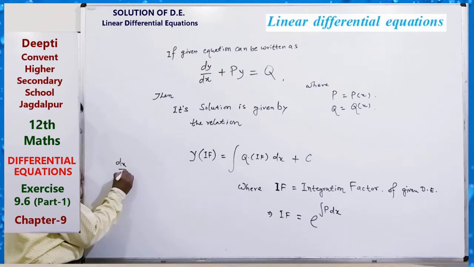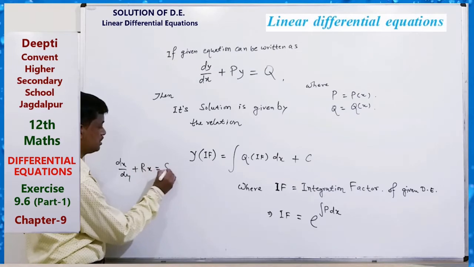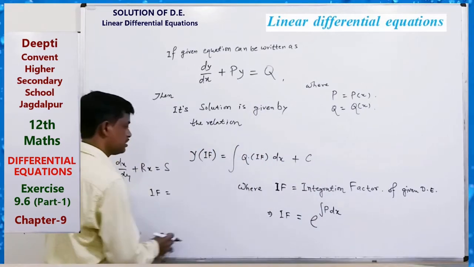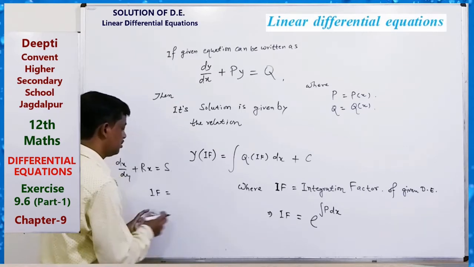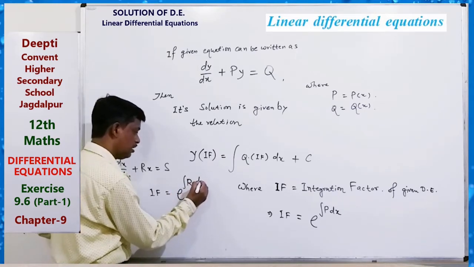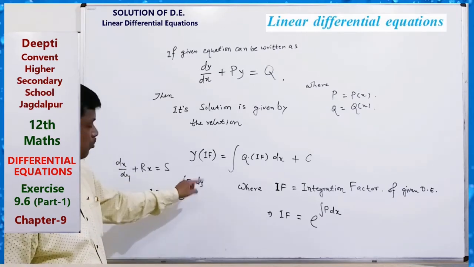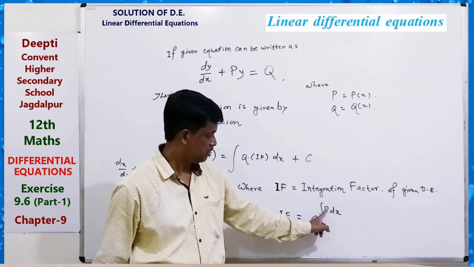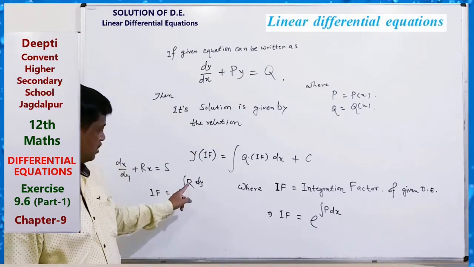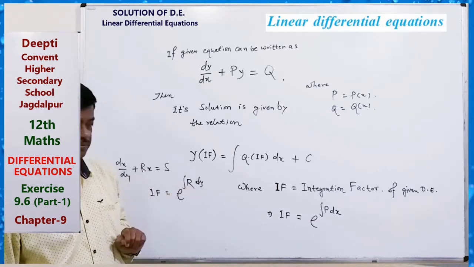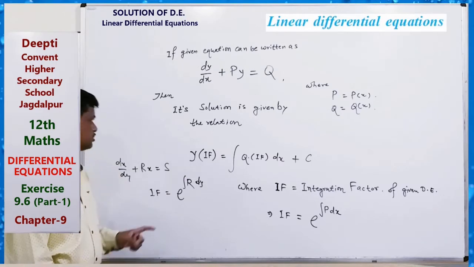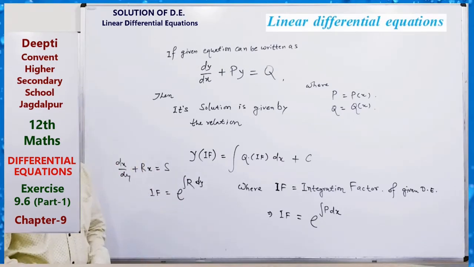For dx by dy plus R x equals S, what will IF be? It will be e to the power integration of R dy, in place of P we have R. Now R is a function of y, whereas P was a function of x. So for this format, IF is e to the power integration of R dy.